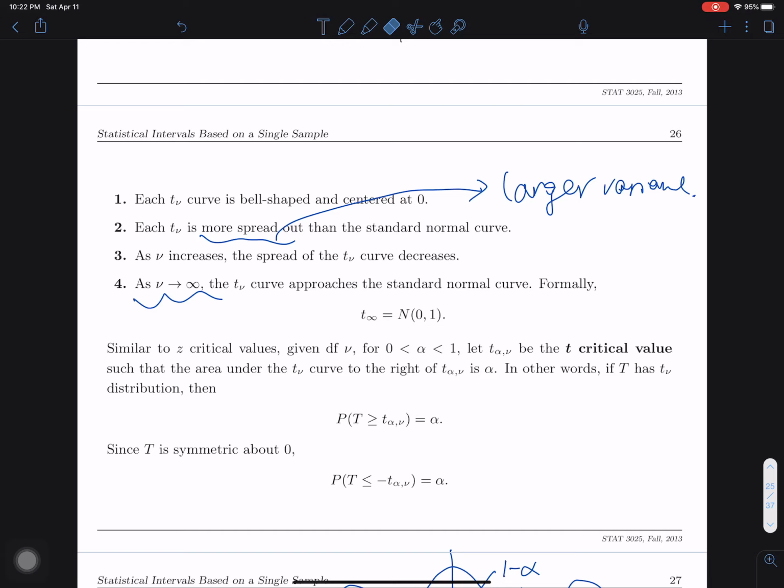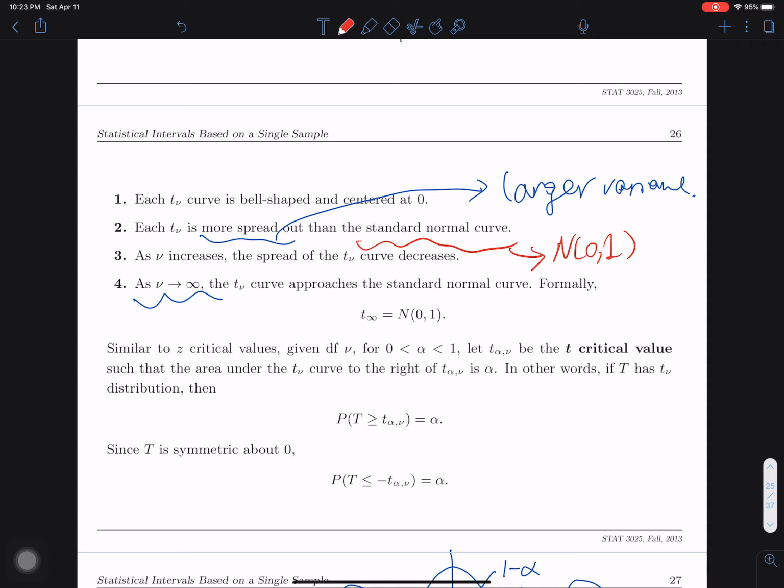Because the normal distribution is centered at mu, where mu can be any real number from negative infinity to infinity. Each t distribution is more spread out than the standard normal curve. That is to say, the t distribution has more variance than the standard normal curve. The standard normal curve means the curve for normal 0, 1.